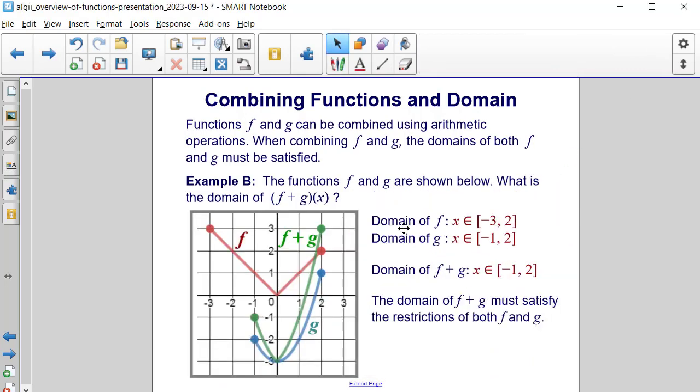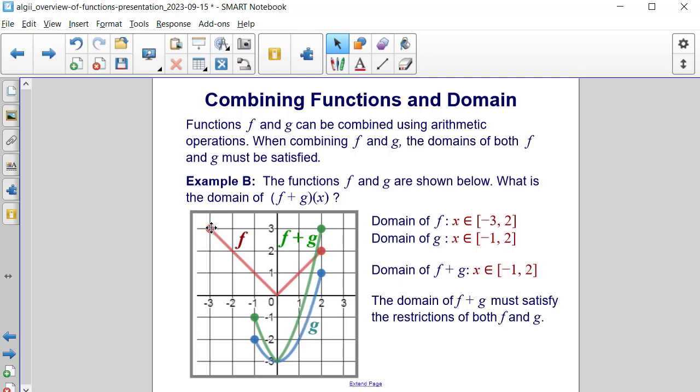And here's the solution, explaining though this time how the domain of f is from -3 to 2, and the domain of g is from -1 to 2, which restricts the domain of f plus g to be only x values from -1 to 2. We showed why this ends up being possible when we worked this out.